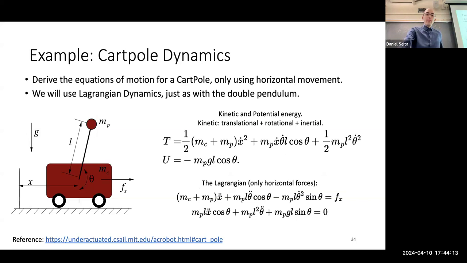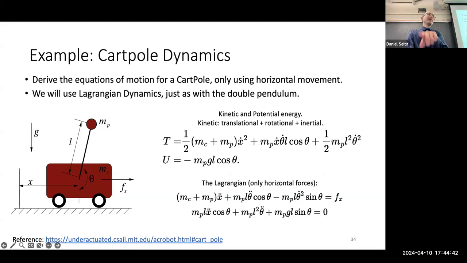All right, so I've skipped ahead of some of the algebra here, but the high-level idea of how to solve this is you write out your kinetic and potential energy. The general way to compute the kinetic energy is that there's a translational part, a rotational part, and an inertial part.